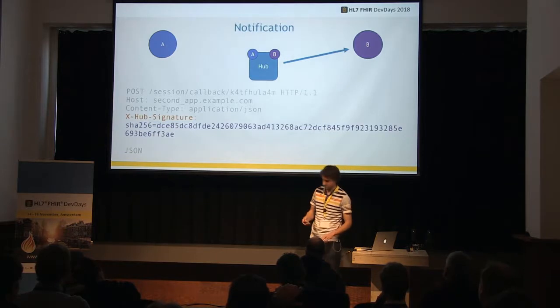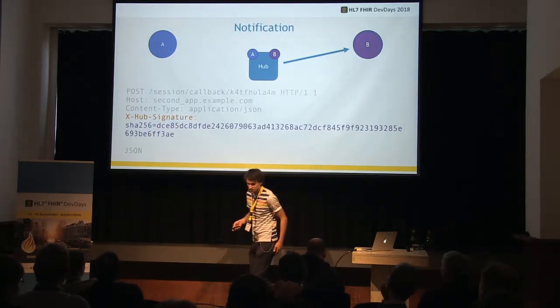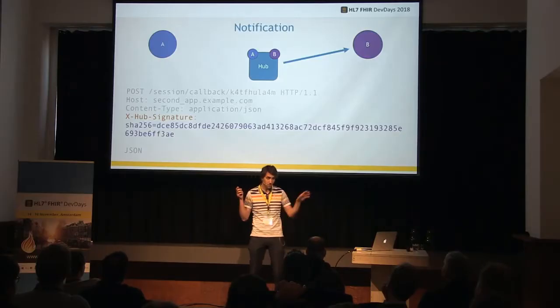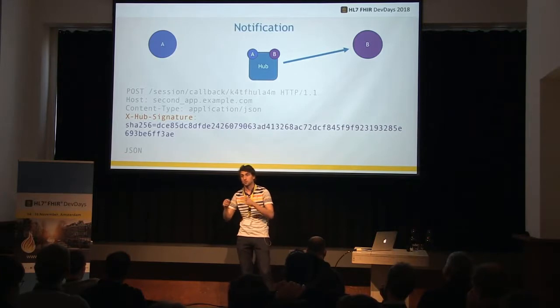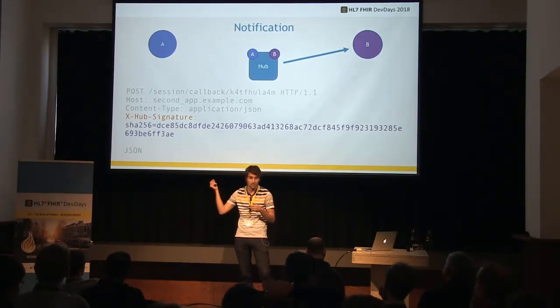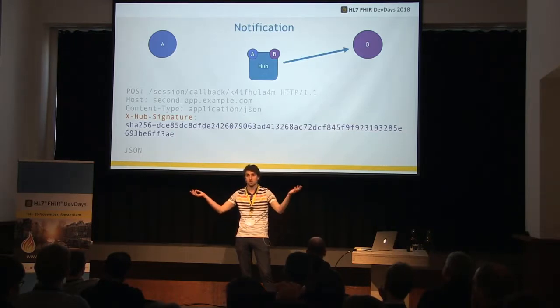Okay, so if you remember, I mentioned something about this secret. Now that the hub has got the notification from the client, and if there are other clients subscribed to the same topic, to the event that has been passed from client A, the hub needs to broadcast that to everybody else, right?